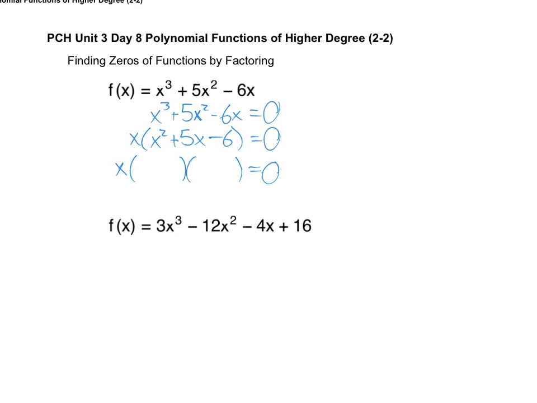So we're going to do x and x. And since this is a minus 6, that's a product of the lasts in foiling. So in order to get a negative, they have to have opposite signs. Okay? Otherwise, I'm going to get a positive 6 at the end.